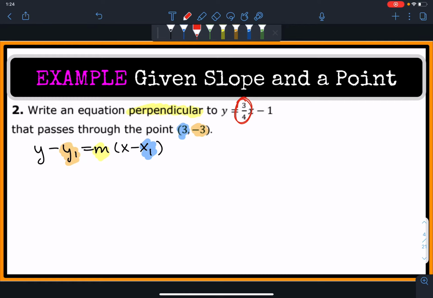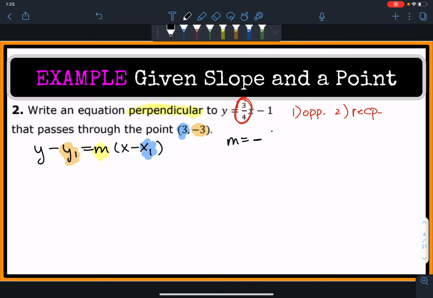In order to be perpendicular, we have to satisfy two conditions. The first condition is that they have to be opposite, and the second condition is that they have to be reciprocals of each other. So the number that we're going to use for this m has to be the opposite of this number, which is a negative value, and it has to be the reciprocal of that number, which simply means to flip it.